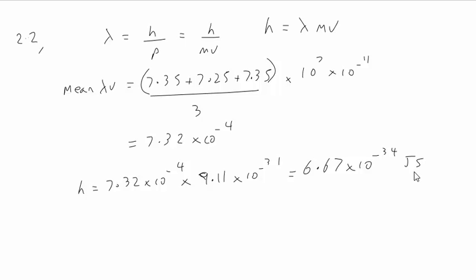As our data is only to 2 significant figures, in the table we'd need to write this as 6.7 times 10 to the minus 34 joule seconds.